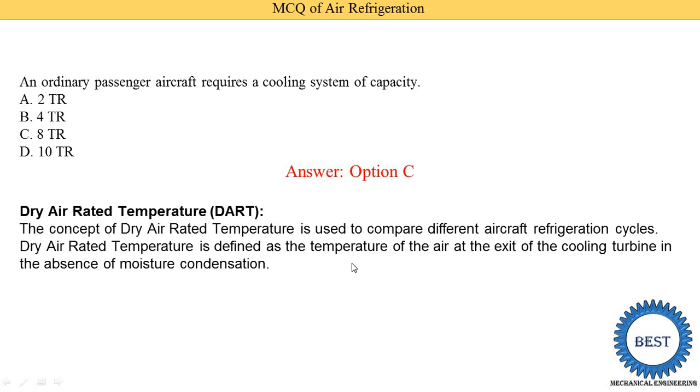Dry air rated temperature is defined as the temperature of air at the exit of the cooling turbine, means the temperature at the exit of the cooling turbine recorded for various types of air refrigeration systems in the absence of moisture condensation. That is known as DART, dry air rated temperature.